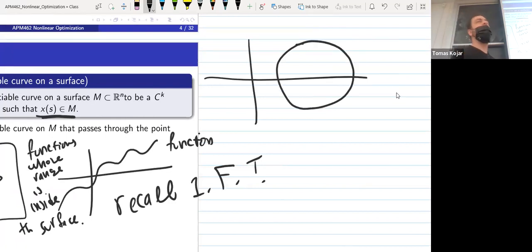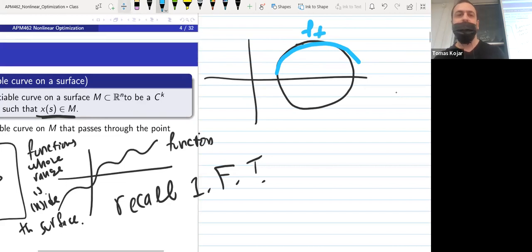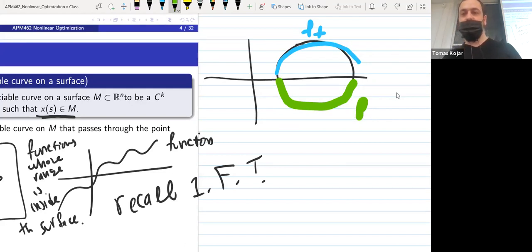This is not a function, but by the implicit function theorem, there are two functions here. There's f minus, and then there's the other function, f plus.